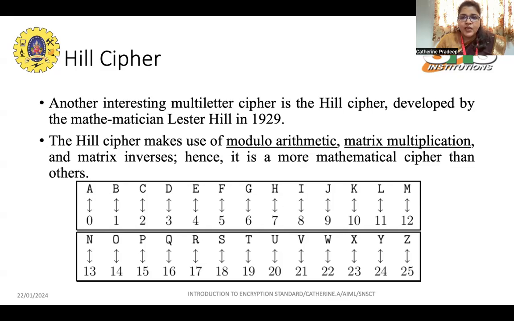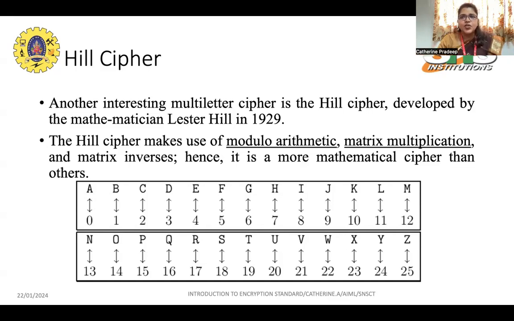Before getting into this, modulo arithmetic and matrix multiplication involve numbers. We cannot simply use the text or the letters, alphabets, just like that to do a matrix multiplication. So for every alphabet from A to Z, you are going to substitute a number from 0 to 25.